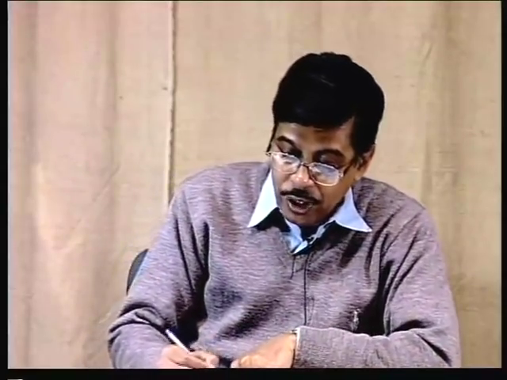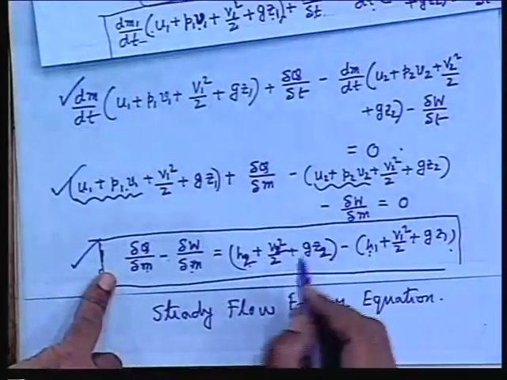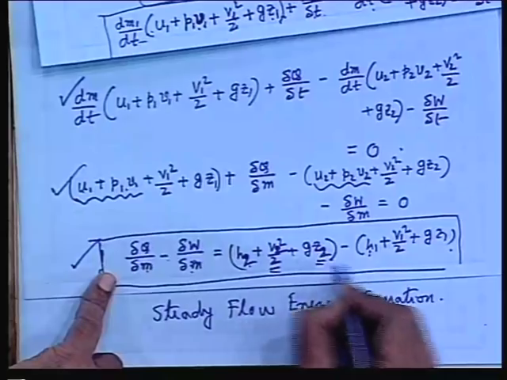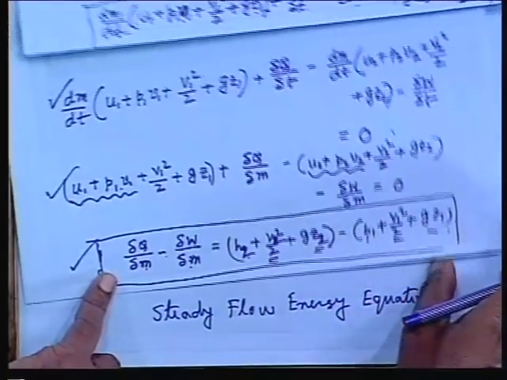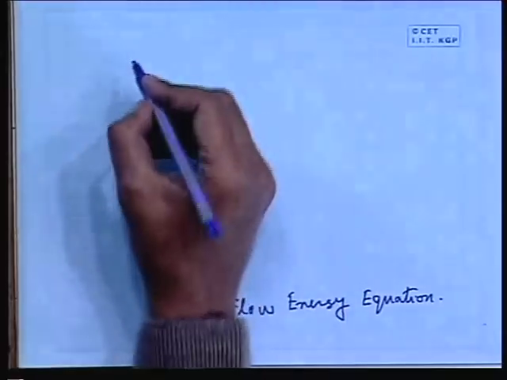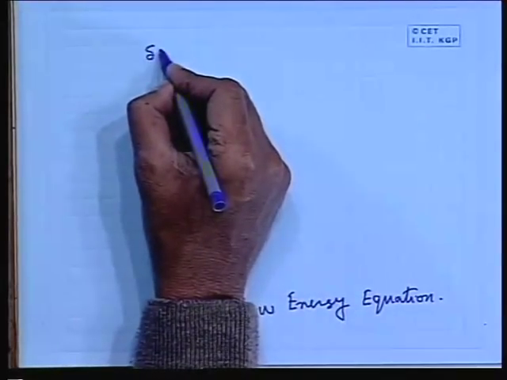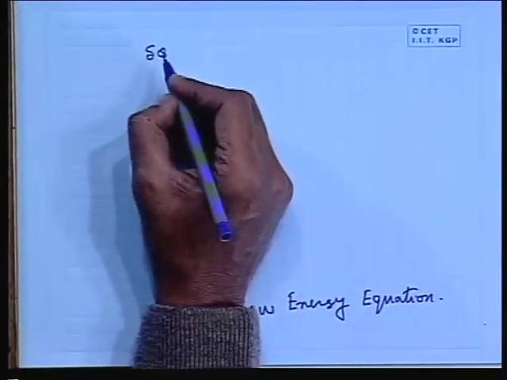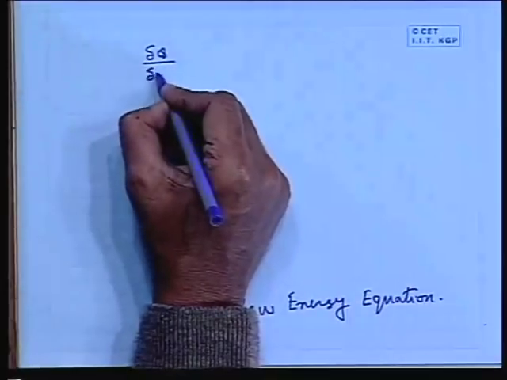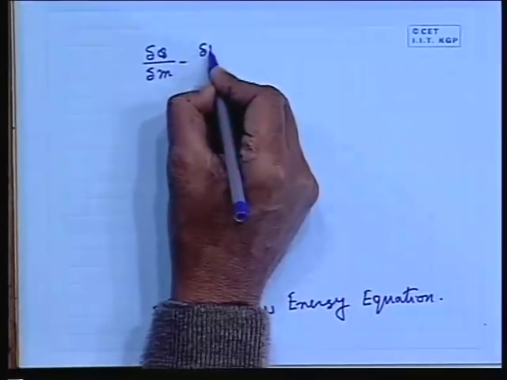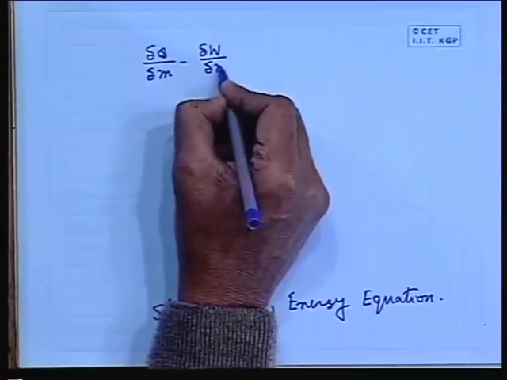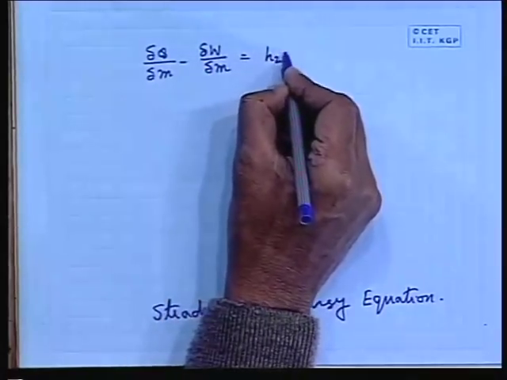So if we consider those cases where changes in kinetic and potential energies are small with respect to the change in enthalpy, then we can write del Q del M minus del W del M is simply H2 minus H1.